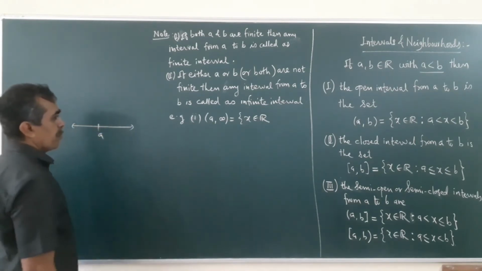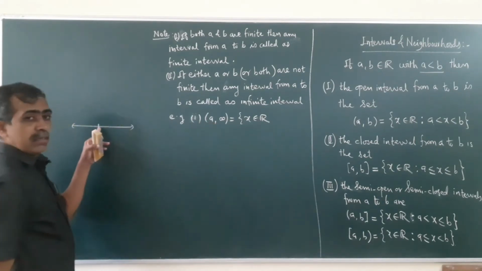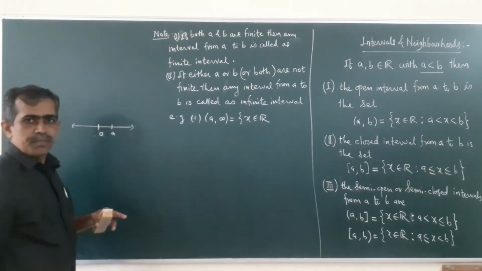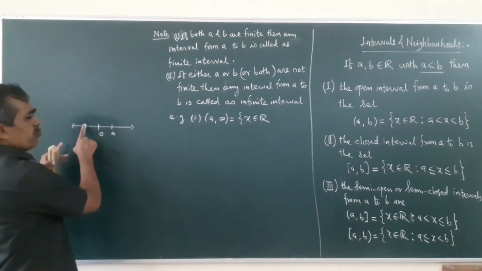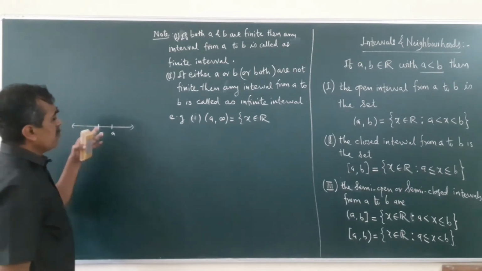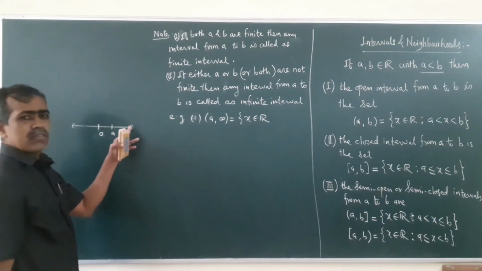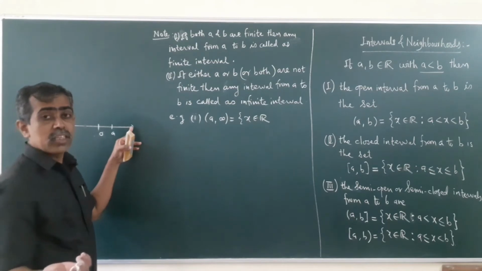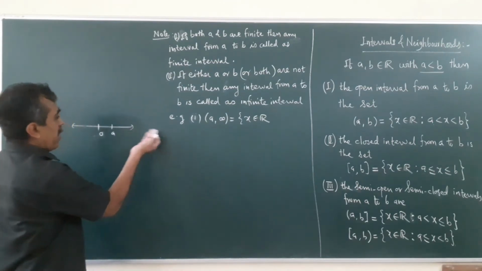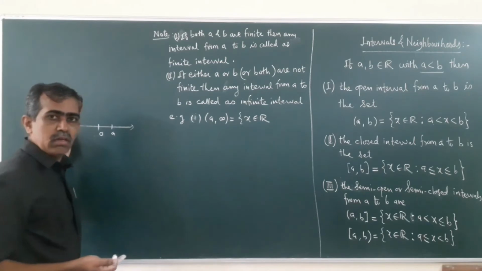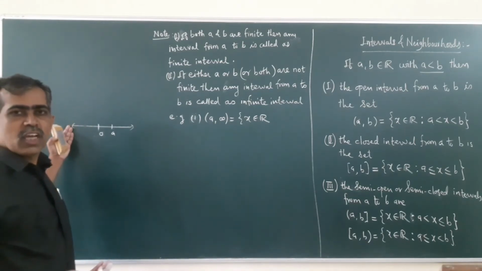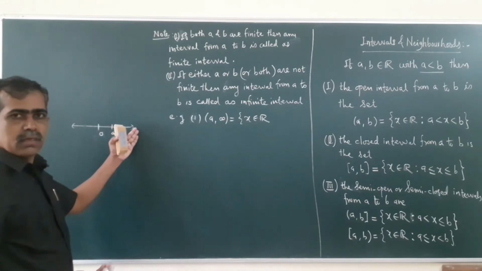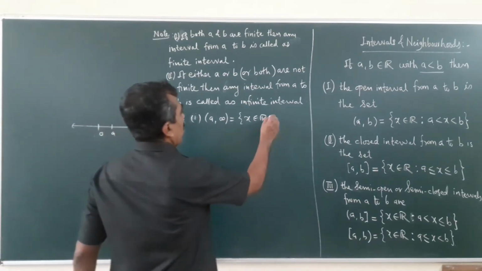Suppose here is my origin, and here is my A, or A may be here also. Plus infinity means a very, very large number which is beyond our limitation. Minus infinity means a very, very small real number which we cannot imagine, to the left.